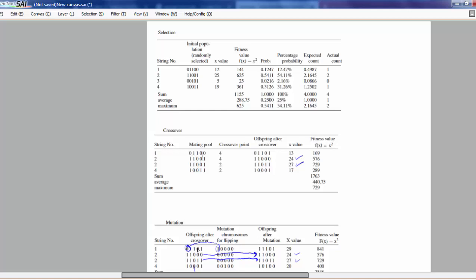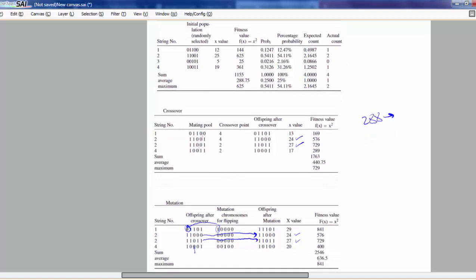If you can see, the population average fitness has improved from 288 to 636.